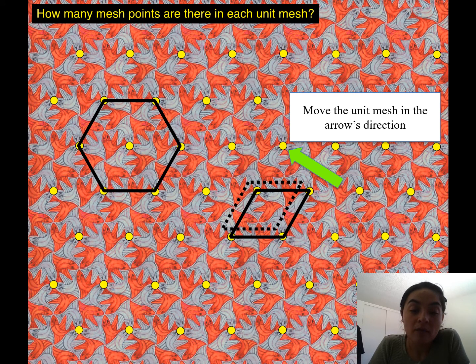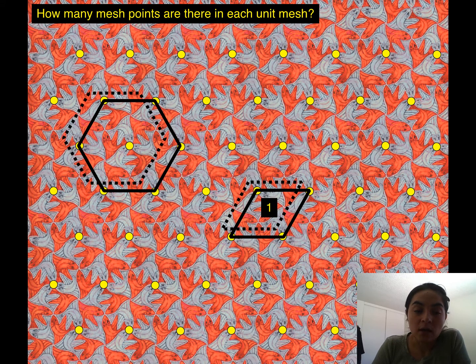That would give us two mesh points, and then the one in the center, which would give us a total of 3 mesh points. You can also think about these 3 mesh points. You definitely want to consider the center and how they're translated to form the entire unit mesh.